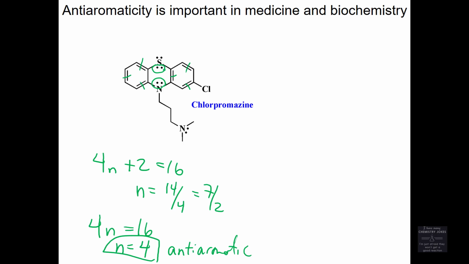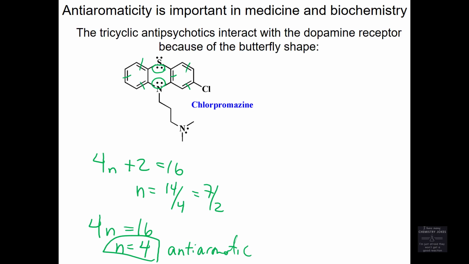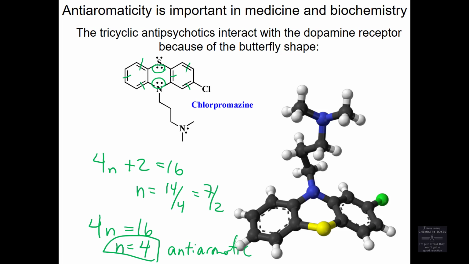That compound that's anti-aromatic is an antipsychotic. This specific compound is an antipsychotic. We've said these molecules need to be flat, but actually because of this central ring causing different interactions, it causes the molecule to be butterfly-shaped. So there's a bend in the middle bond, and this benzene is straight, and that benzene is straight, and they're kind of two wings of a butterfly pointed down.